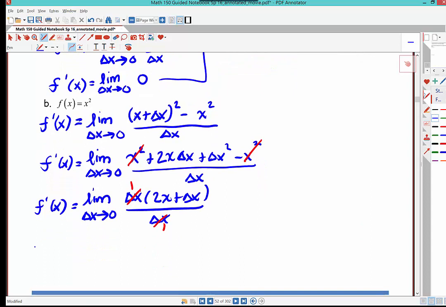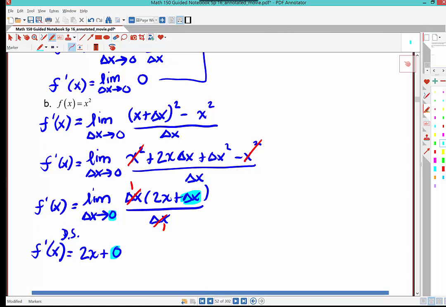And using some direct substitution, we're going to get, beautiful, now we're on direct sub, we'll get 2x plus 0. So the thing we're directly substituting is delta x going to 0. And at the end of the day, we get, great, 2x.